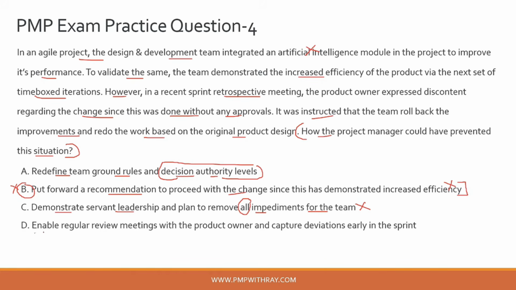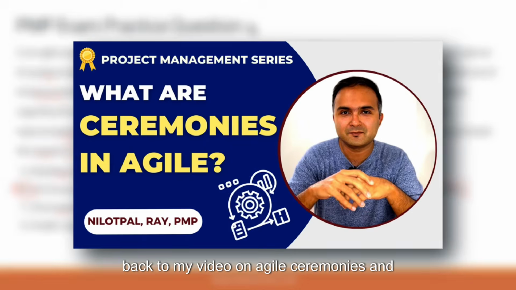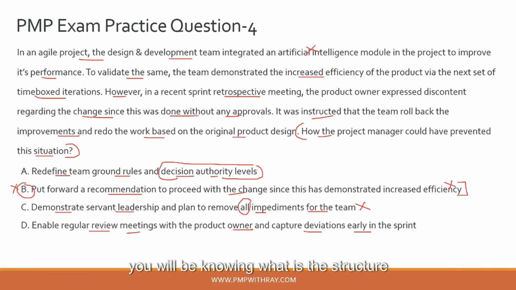Finally, option D, enable regular review meetings with the product owner and capture deviations early in the sprint. Okay, so now we are talking. What option D is mentioning is, as a project manager, you enable regular review meetings, and these are often called sprint review meetings, right? Again, please refer back to my video on agile ceremonies and you will know the structure of a sprint review meeting.